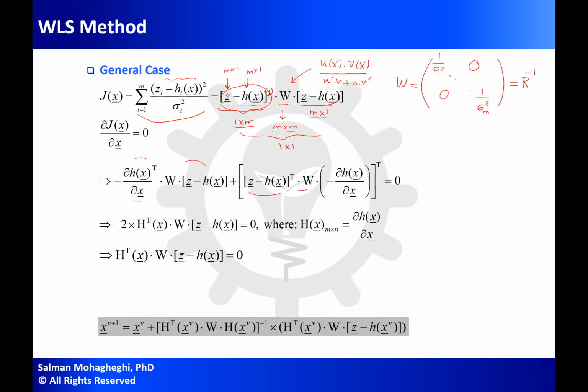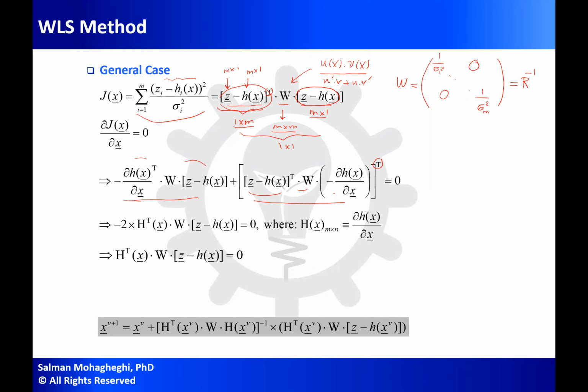So the derivative of this term with respect to x is obviously minus the derivative of h with respect to x. I have to add a transpose here in order to make sure that the dimension of the first term is equal to the dimension of the second term, and I set the whole thing to 0.